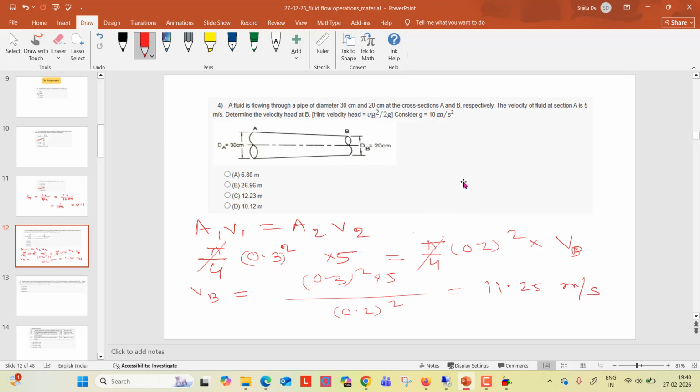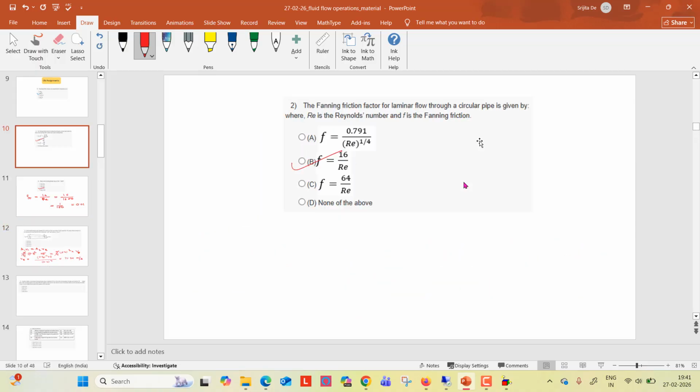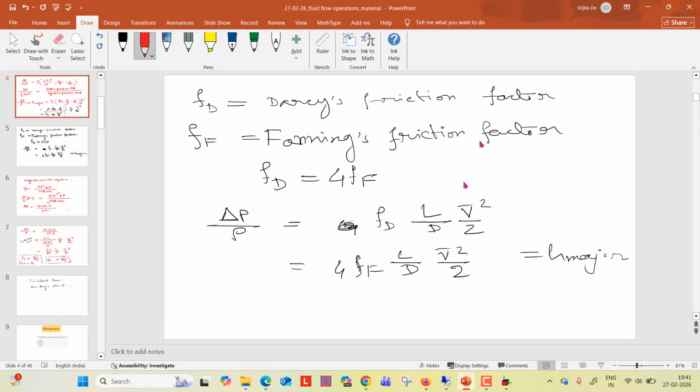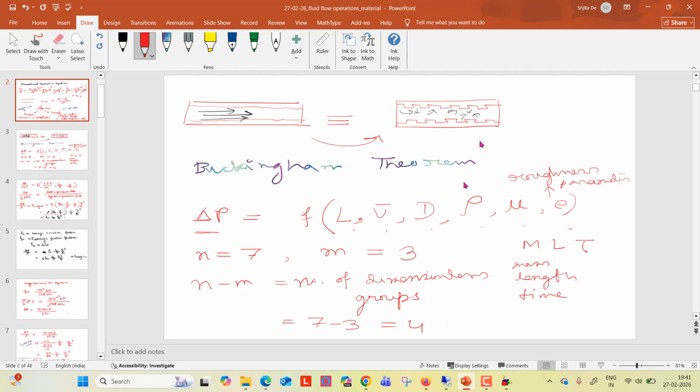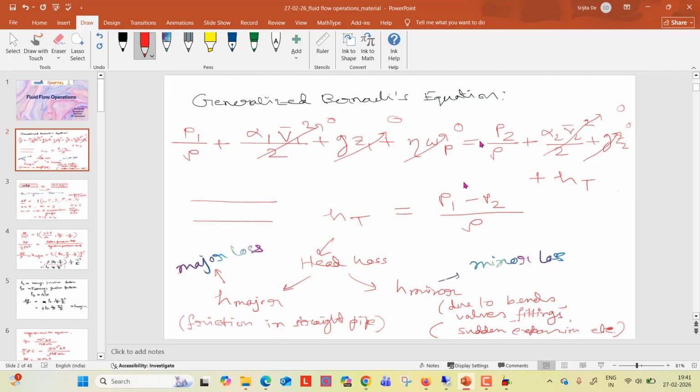Now this velocity head comes from the same Bernoulli's equation. Earlier we considered the major loss because there was no flow, there was stationary fluid. That is why the V1 square by 2 term was cancelled out. But here there is a flow happening, so we have to consider the term.